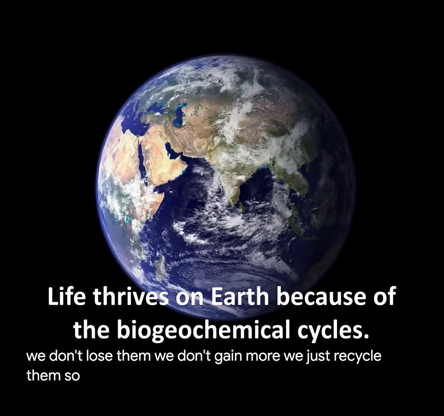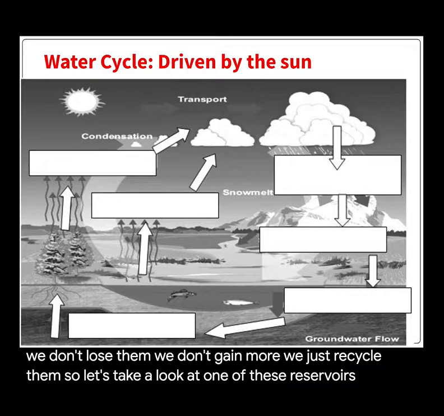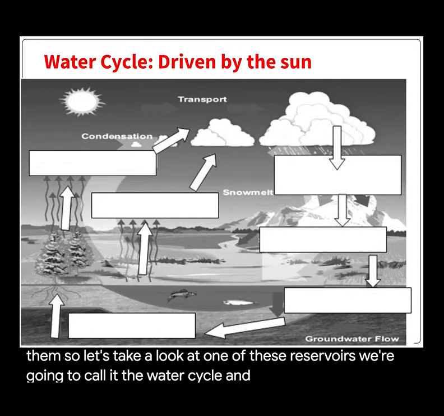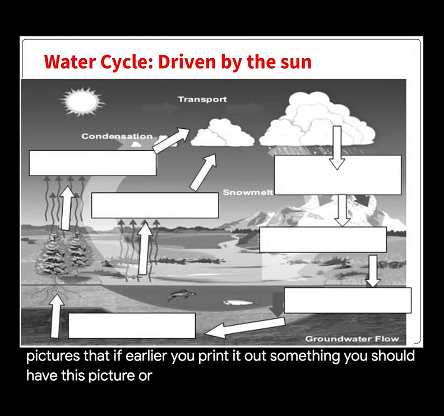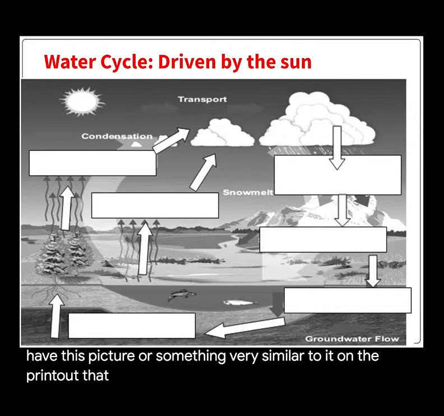So let's take a look at one of these cycles. We're going to call it the water cycle. This is one of those pictures that, if earlier you printed out something, you should have this picture or something very similar to it on the printout that I attached in Google Classroom.